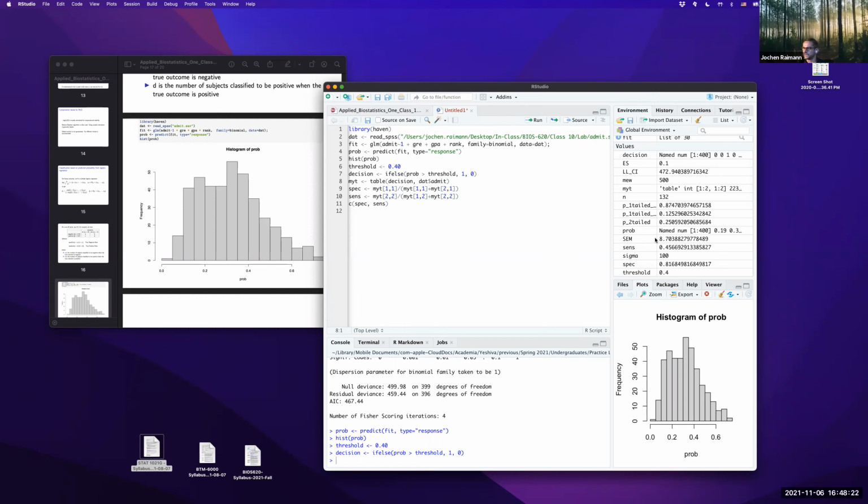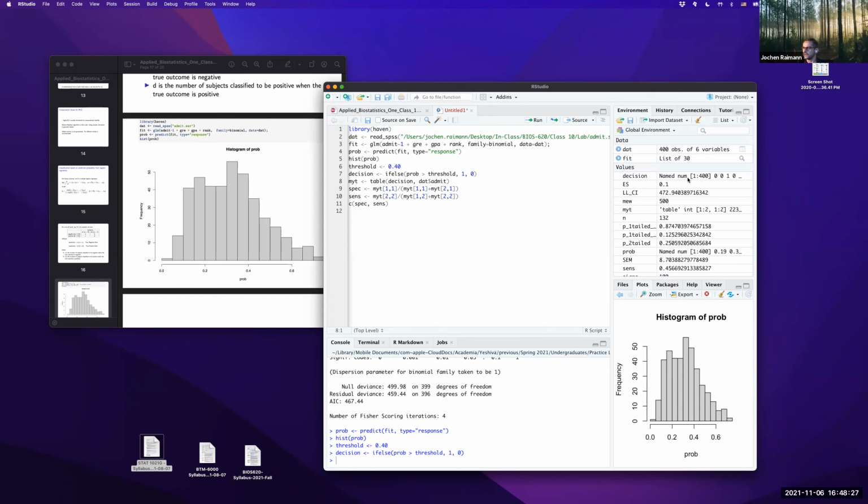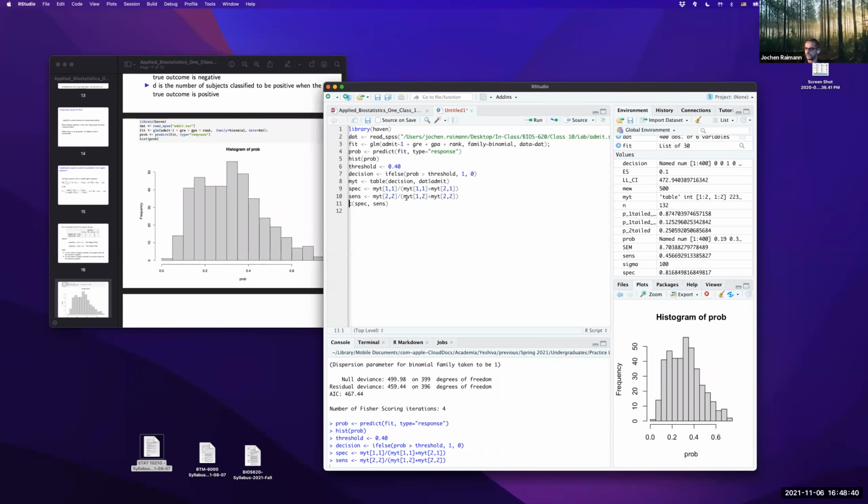So we are getting now decision, and decision equally is going to be a vector consisting of 0 and 1 that essentially will allow us to now calculate the sensitivity and the specificity of our sample.